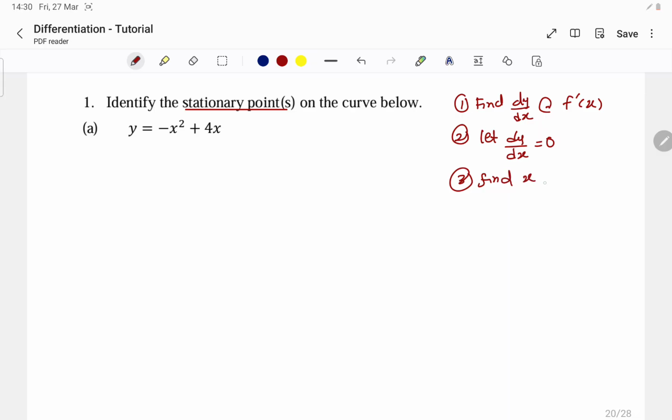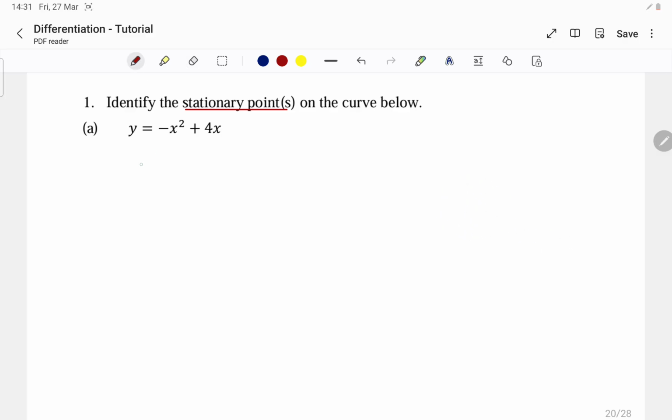After you find x, because we want stationary point, right? So that means we have to find y. After you find y, you will get x and y, a coordinate, or more than one coordinate, or more than one point. So that is what it means by turning or stationary points. Okay, so we proceed first.